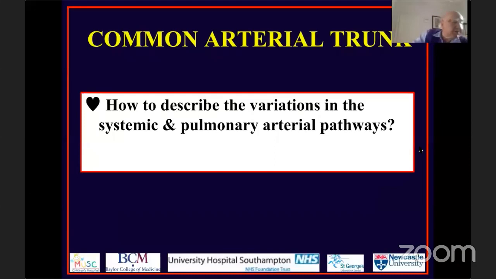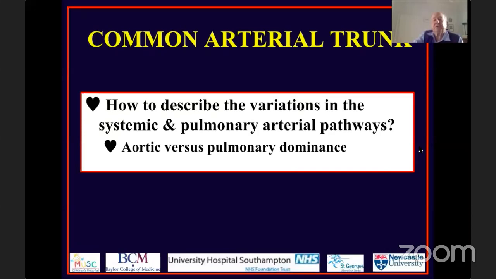So let's move on to perhaps the most important variation in the phenotypic arrangement, and that is the arrangement of the systemic and pulmonary arterial pathways. Now, there are at least 2 ways of describing these arrangements in alphanumeric fashion. I don't particularly like that, not least because the numbers and the letters themselves differ between the 2 systems.